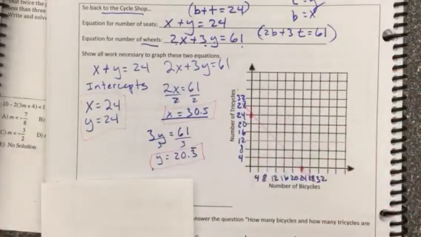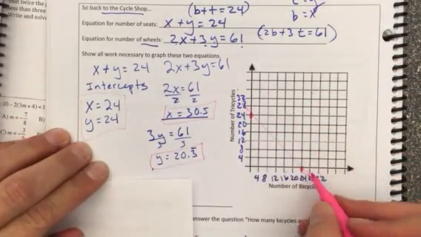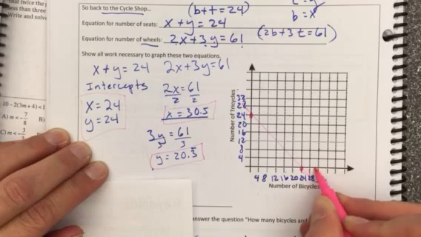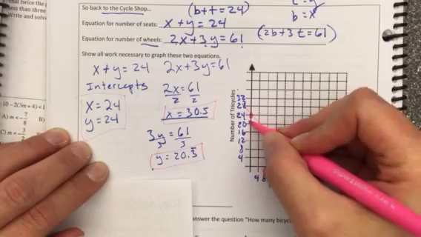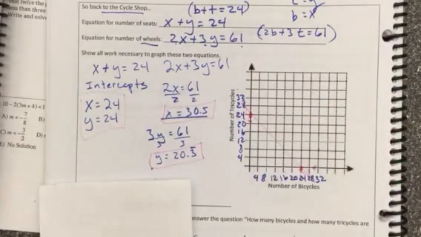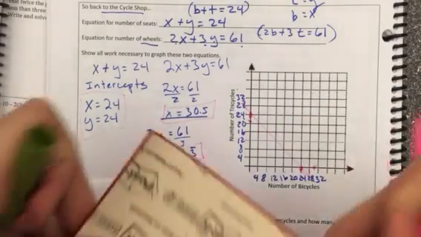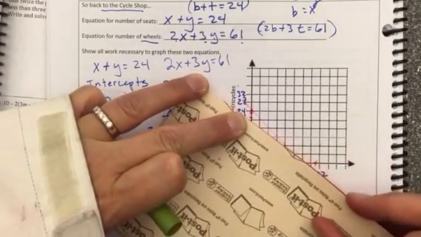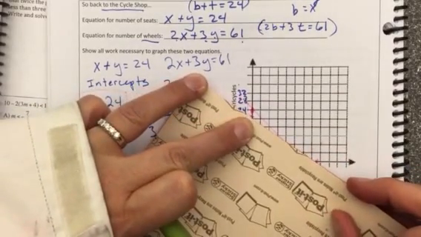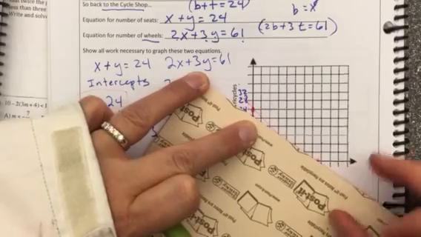And then the next one is x is equal to 30.5, somewhere in there. And then y is equal to 20.3, somewhere in there. Okay? And then we're going to draw a line. About like that.